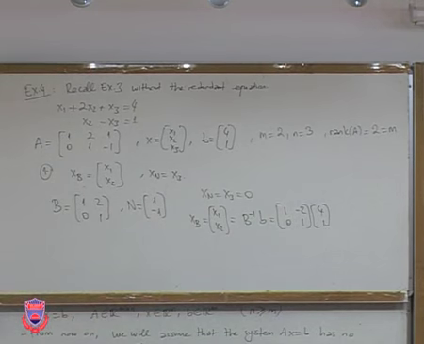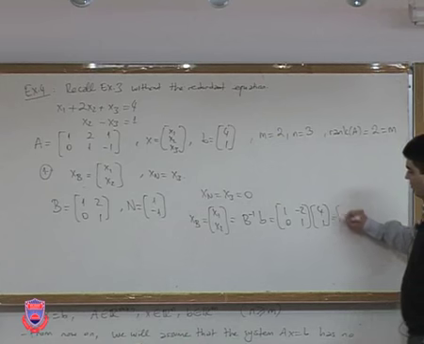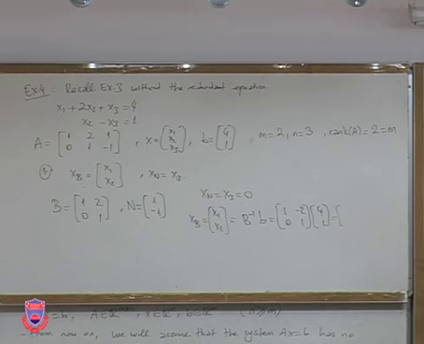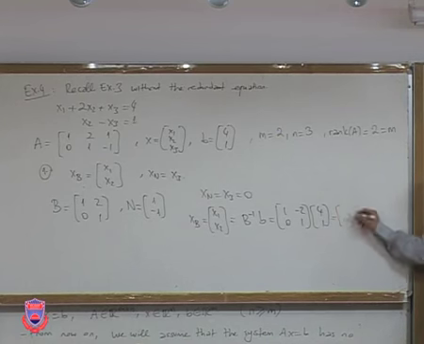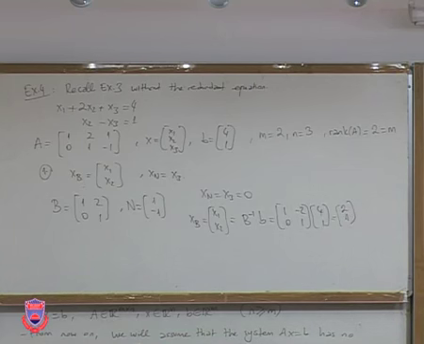So what do we obtain? Well, the first component is 2. What about the second one? The second one is 1. So essentially, I have a solution to my system. x1 is equal to 2, x2 is equal to 1, and x3 is equal to 0.